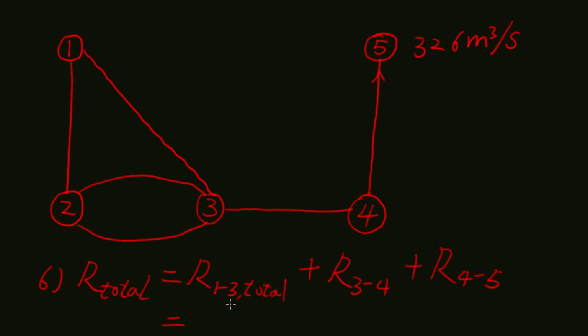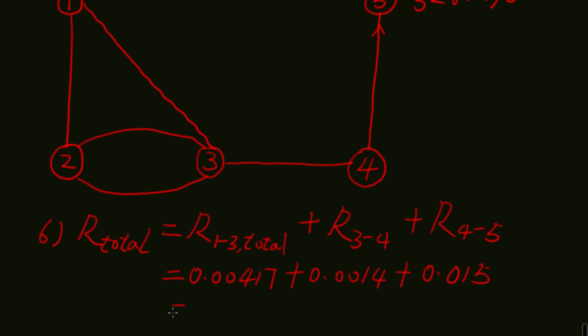R1 to 3 total we have calculated as 0.00417, plus R3 to 4, which is given as 0.0014, plus the resistance 4 to 5, given as 0.015, equals 0.02057.